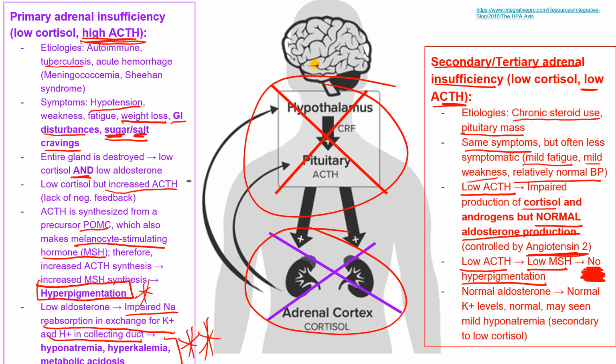Because they have normal aldosterone levels, they'll also have normal potassium levels and normal acid-base status. They may still have a mild hyponatremia, because cortisol can also affect our salt balance. But in comparison to someone with primary adrenal insufficiency, who will have significant hyponatremia, hyperkalemia, and metabolic acidosis, someone with secondary or tertiary adrenal insufficiency will have relatively normal potassium, acid-base, and sodium levels.